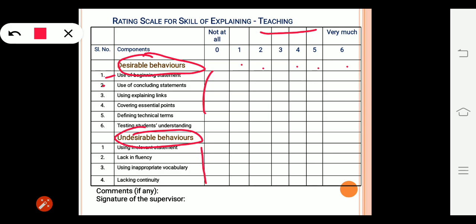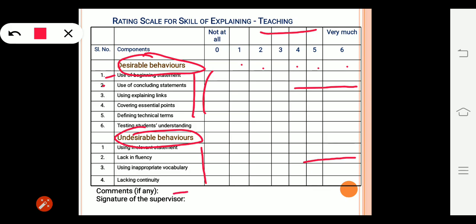In desirable behavior, if you are getting 4, 5 or 6, then it is a good sign. But if you are getting 4, 5 or 6 in undesirable behaviors, then it is not good at all. It means you require lots of practice.